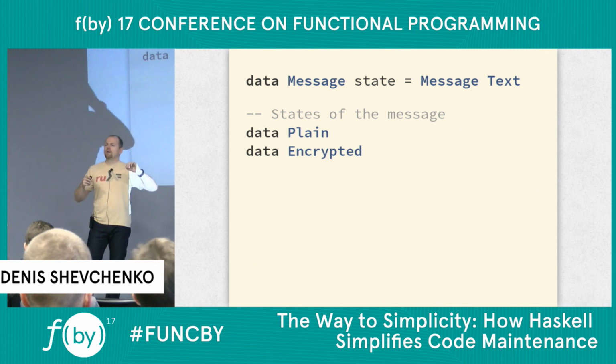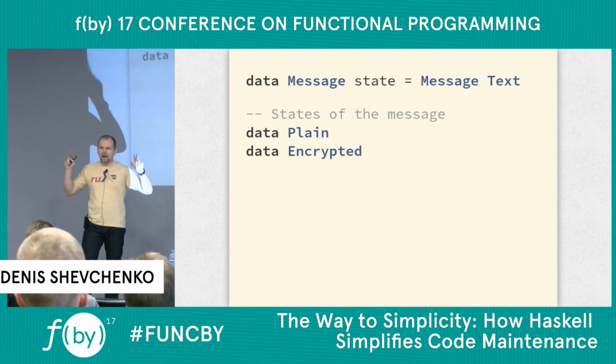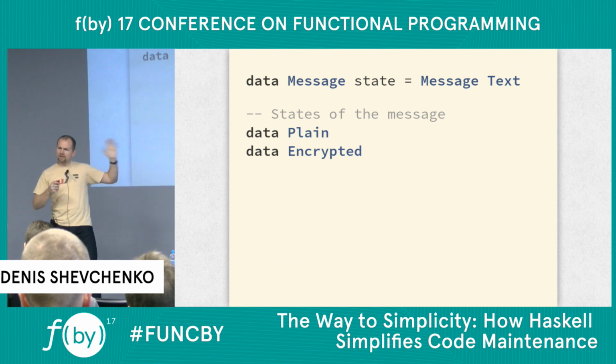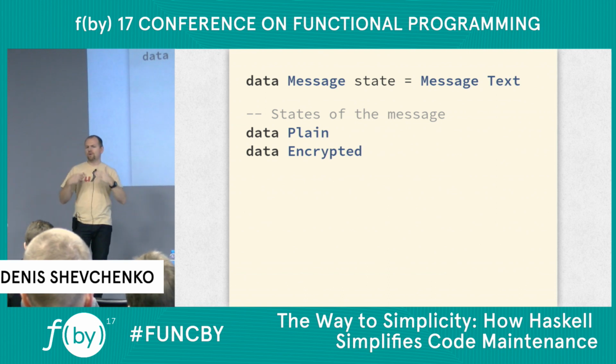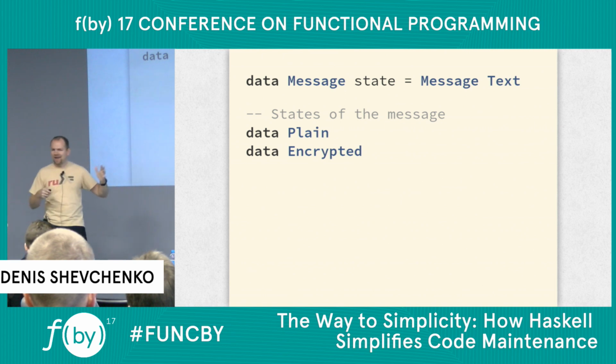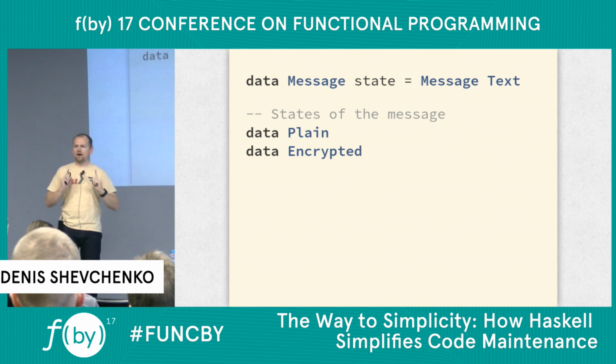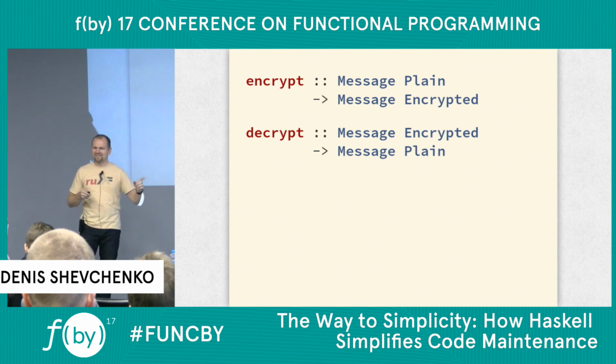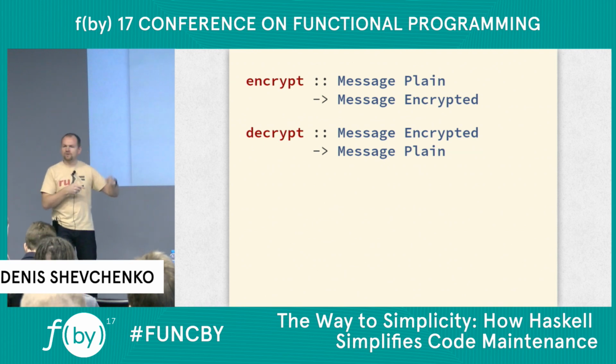And we provide two dummy types for states, plain and encrypted. We cannot create values of plain or encrypted types because these types are not for values. These types are for guarantees. And take a look at these functions, encrypt and decrypt.